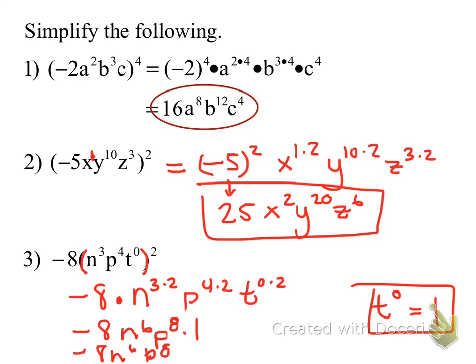It simplifies to -8, n to the 6th, p to the 8th. Yes. Wait, so any number or variable with the exponent of 0 equals 1? You know, x to the 0 power, y to the 3 to the 0 power really equals 1. And we'll talk about that tomorrow.